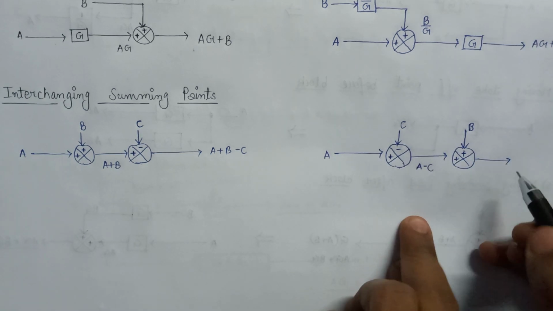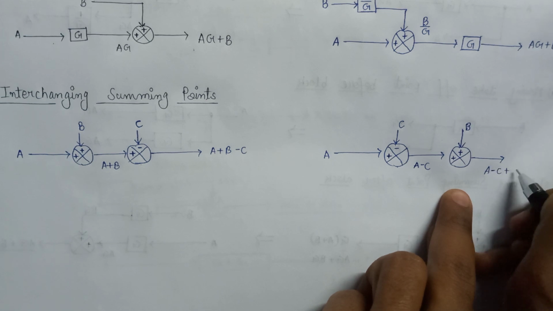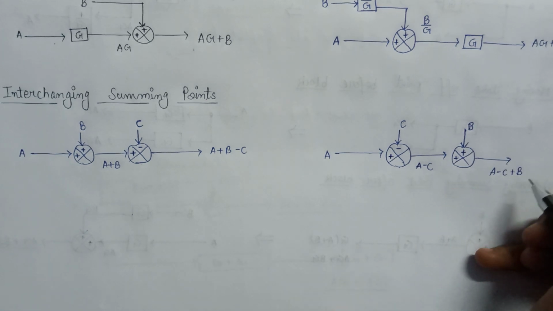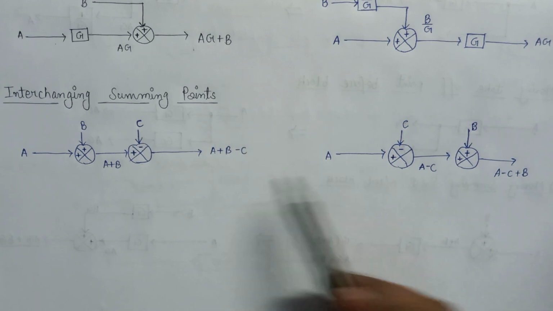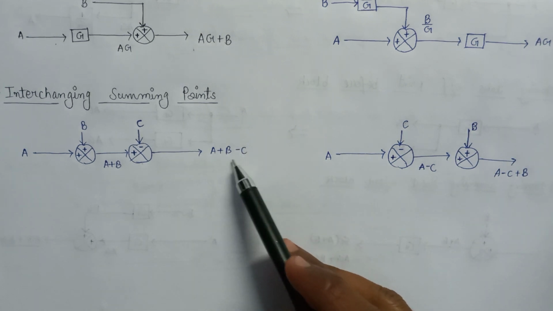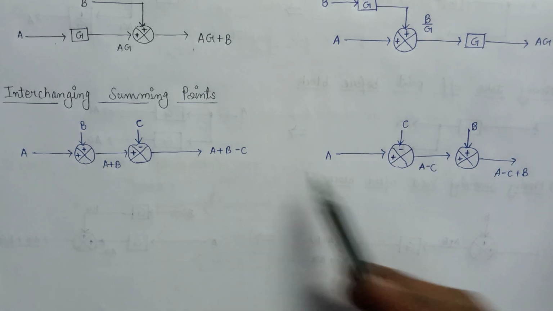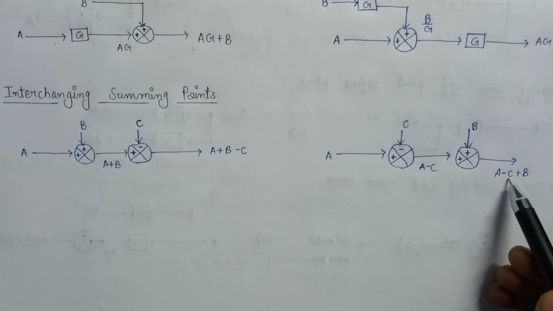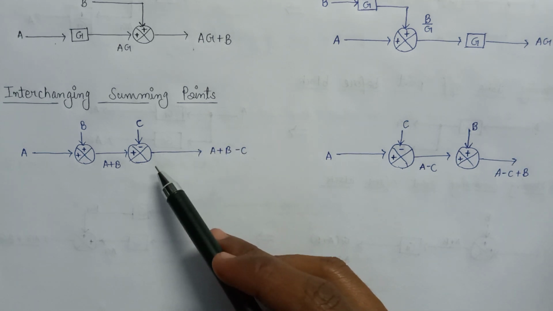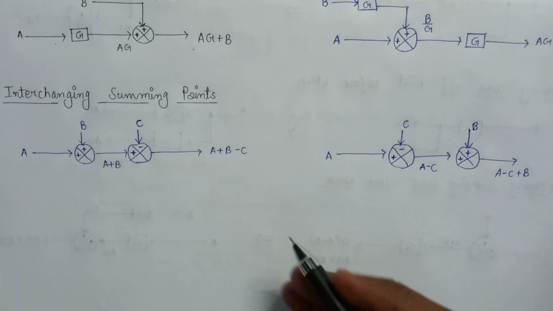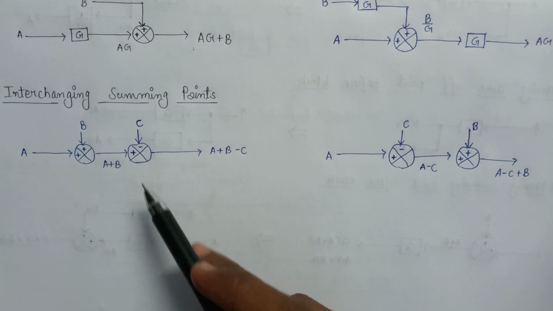So the overall output will now become A minus C plus B. Now let us compare both outputs. This is A plus B minus C, and this is nothing but the same as A plus B minus C. Since the output of both circuits is equal, we have successfully interchanged both these summing points.